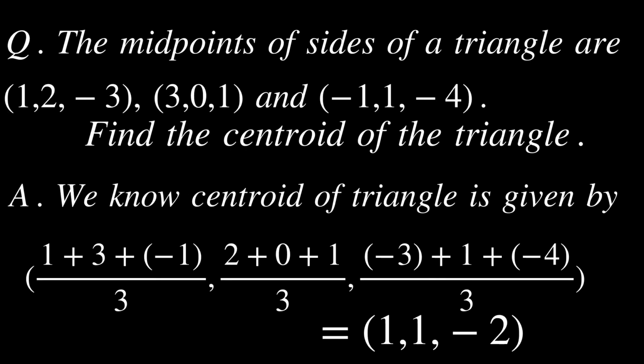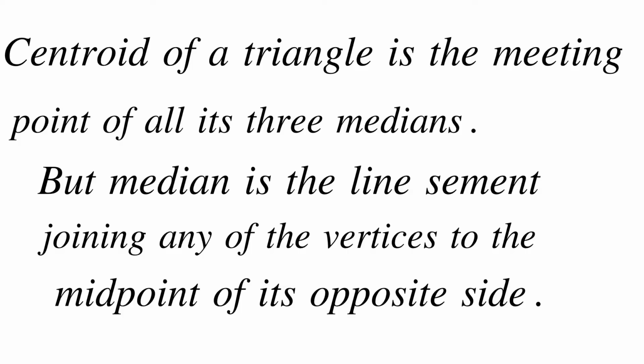Next problem. The midpoints of sides of a triangle are (1, 2, minus 3), (3, 0, 1) and (minus 1, 1, minus 4). Find the centroid of the triangle. So here they are given the midpoints of each side of a triangle, correct? Now what do you mean by centroid? It is the meeting point of 3 medians, correct?